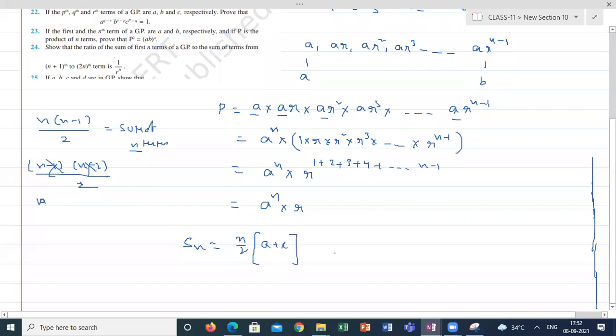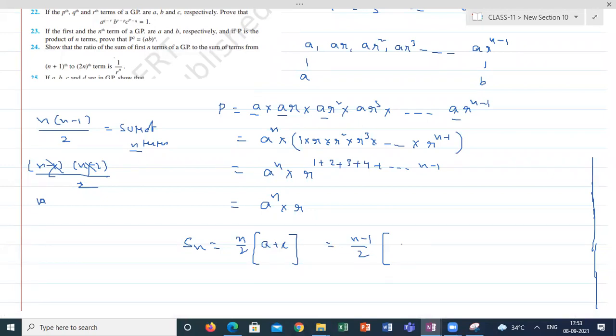Yes. So here n minus 1 by 2 into a, how much is a? A is not r.